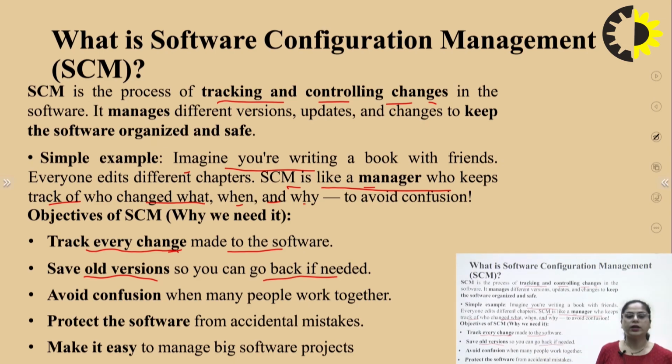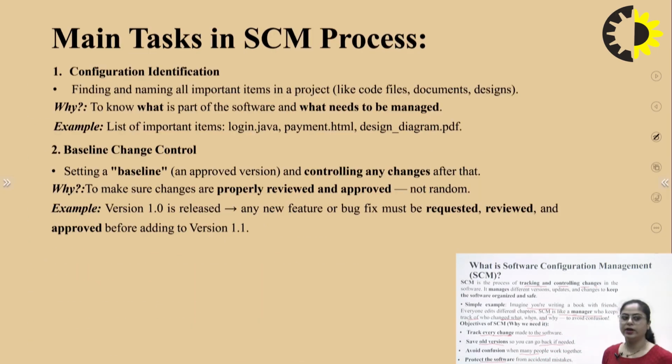Third, avoid confusion. When many people work together, SCM is used to keep track of changes, so confusion will be avoided. Fourth, protect the software from accidental mistakes. It makes it easy to manage big software projects.